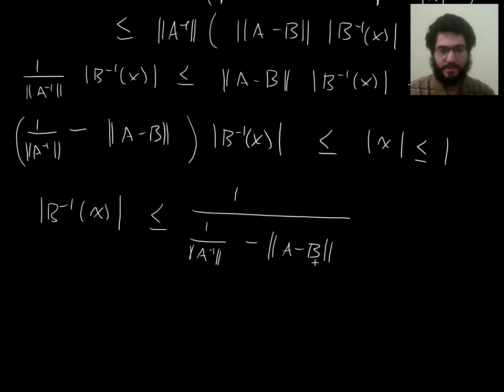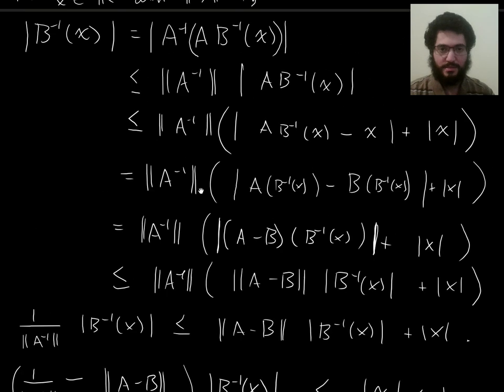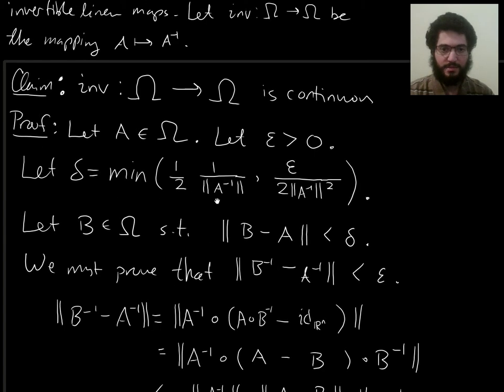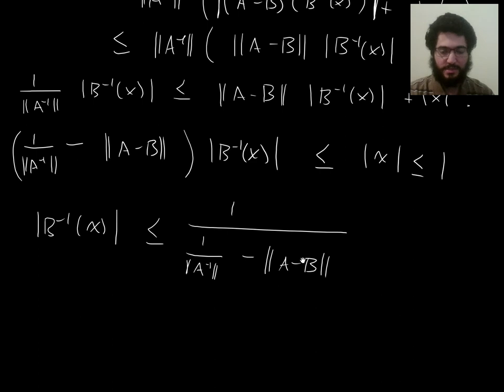In fact, let's just choose a standard of smallness for how small we want to make this. So look over here. Now you see why I made this choice. 1/2 of 1 over norm A inverse. So this here is less than 1/2 of 1 over norm A inverse.